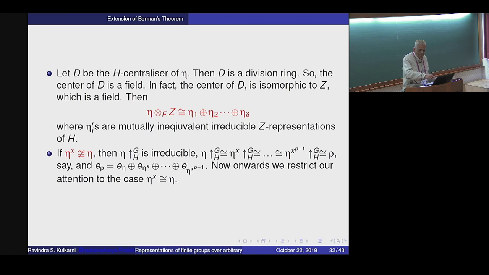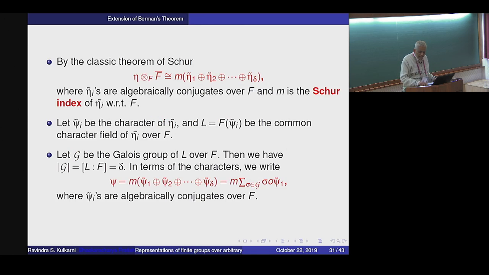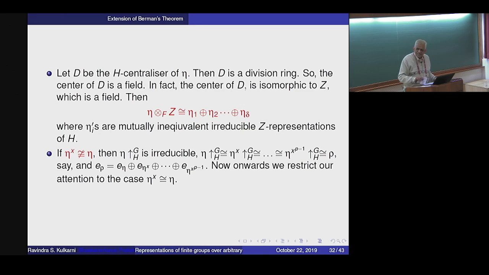And in fact, the center of D is isomorphic to Z, which is a field. And if we tensor just with Z, then this M does not occur, but just the sum of the distinct, mutually inequivalent irreducible Z representations of H.